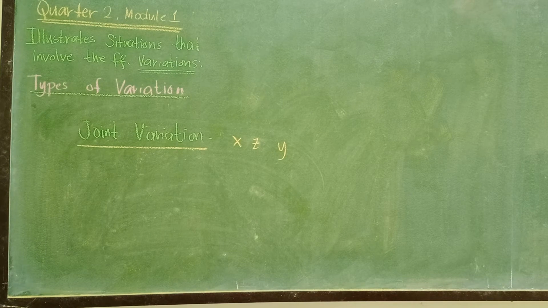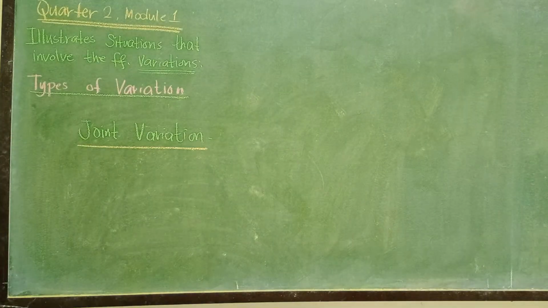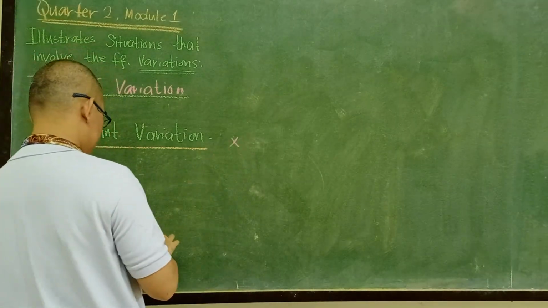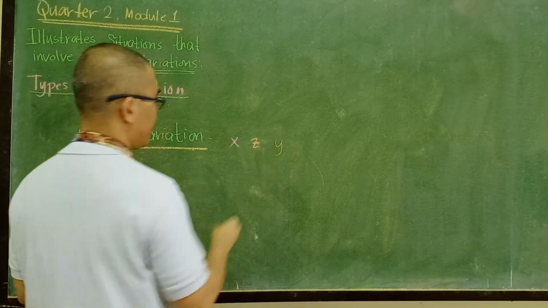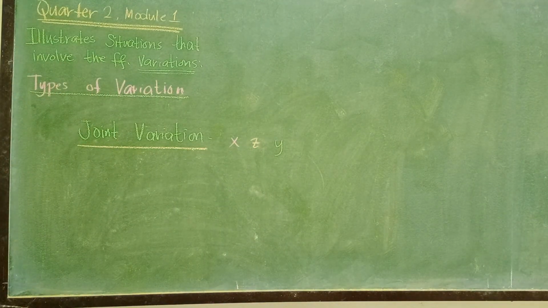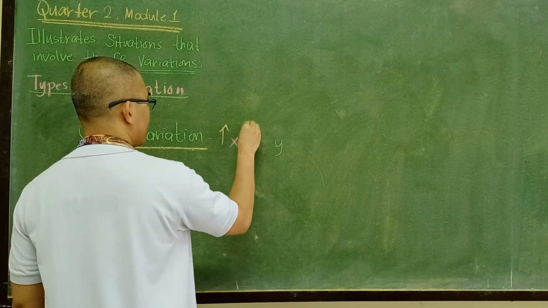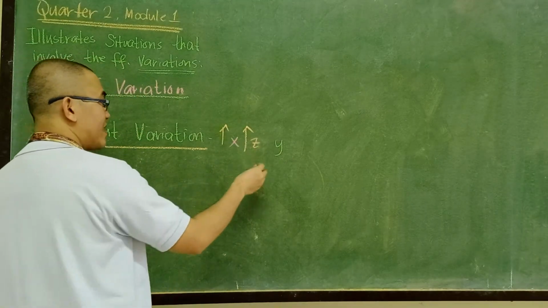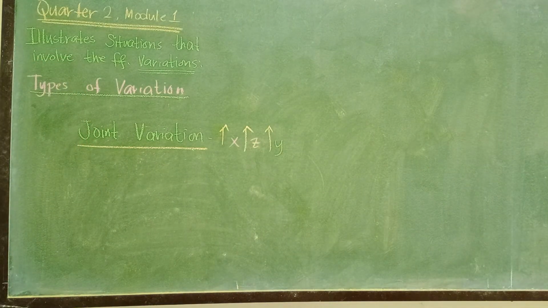Gawin natin x, z, tapos y. So sa joint variation, meron ka ng additional quantity, yung z. So pag tumataas yung value ng x and z, tumataas din yung value ng y. Parang direct variation. But in this case, meron tayong additional quantity.